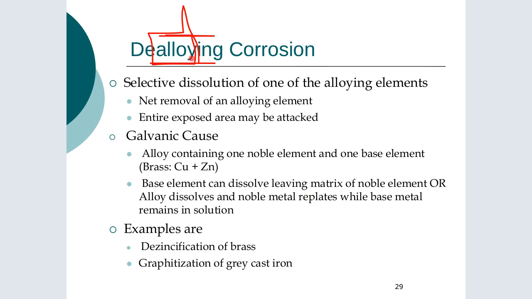A typical example of this would be the graphitization of cast iron. You're left with a matrix of graphite in there. It looks like it's been deposited, but what has happened is that the cast iron has actually been stripped out of it. Then there's dezincification of brass. Again, the material essentially de-alloys, it undoes the mixture that was created.